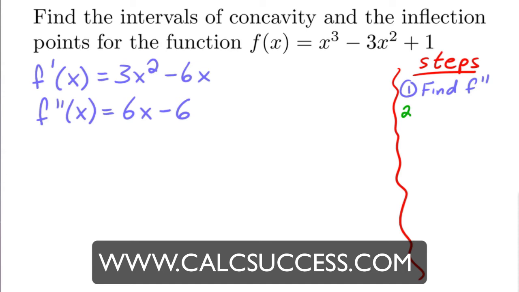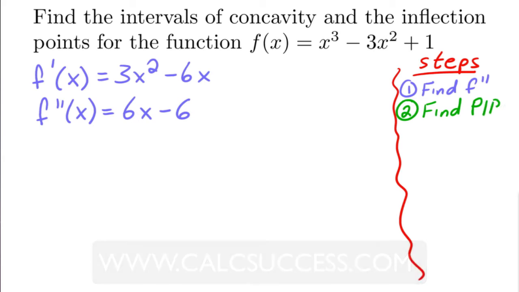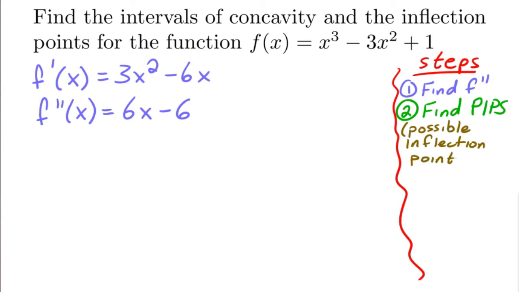Okay, and then the second step is going to be finding the, I'm going to call them pips. Now, what are pips, you ask? Well, pips are possible inflection points. Now, how do you find the possible inflection points?